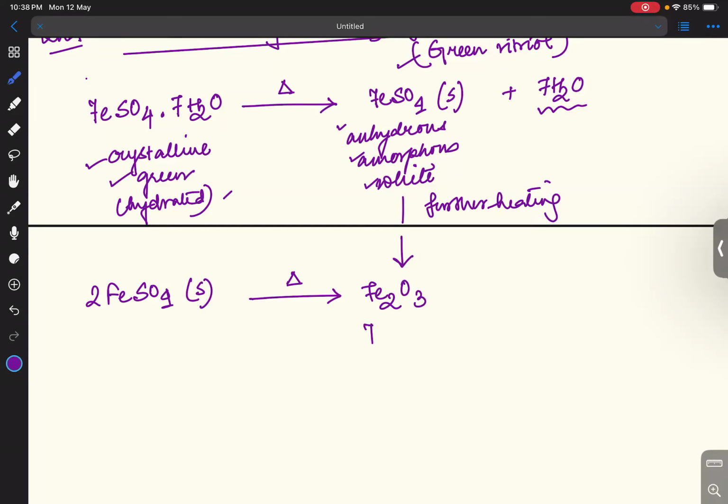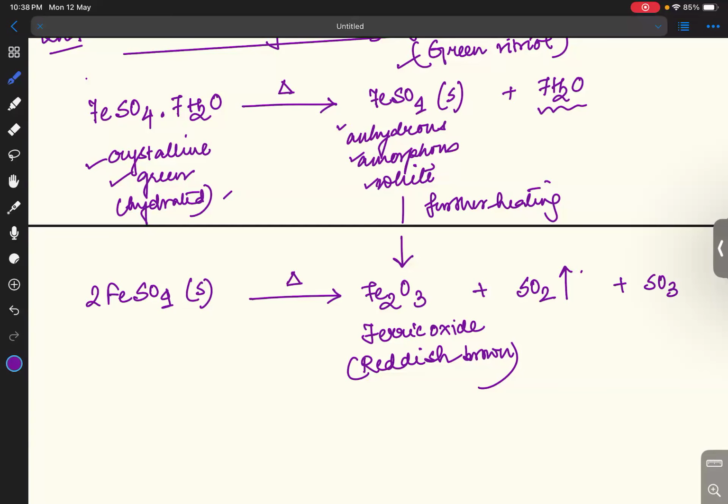Fe2O3 is ferric oxide, and students, mostly ferric salts are reddish brown in color. Ferric oxide plus evolution of sulfur dioxide plus sulfur trioxide.